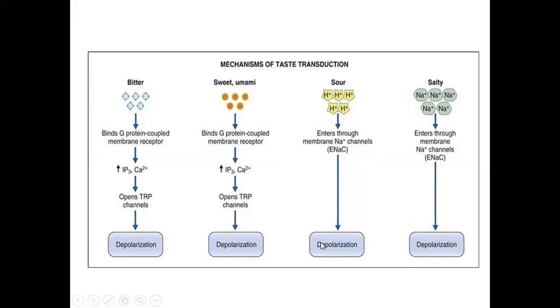Because an action potential is initiated by depolarization. So there's depolarization and there is repolarization. Then as you go on, you're going to realize that the salt ions enter through membrane sodium channels and cause another depolarization. And this is the end of the session.